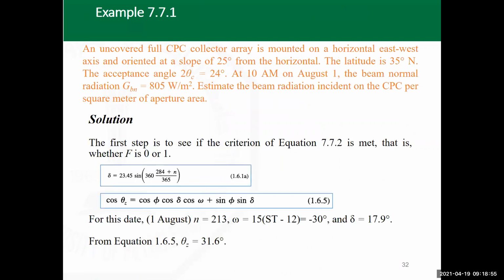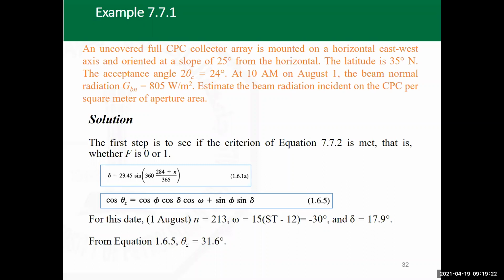So what we are going to do here is basically calculate the values that we would like. The zenith angle depends on the value of the inclination angle and the solar angle. Back again to chapter 1: the declination angle is 23.45 sine of 360 multiplied by (284 plus n) divided by 365.